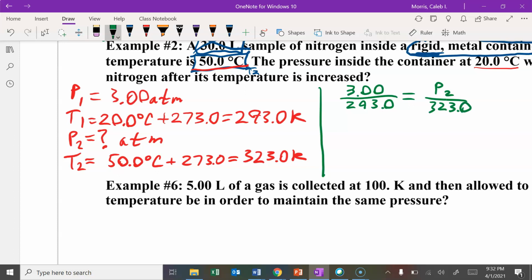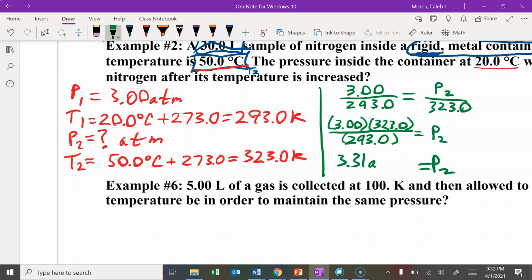To get P2 by itself, I could cross multiply and do 3.00 times 323.0 divided by 293.0. That's going to give me my number of atmospheres, 3.31 atmospheres.